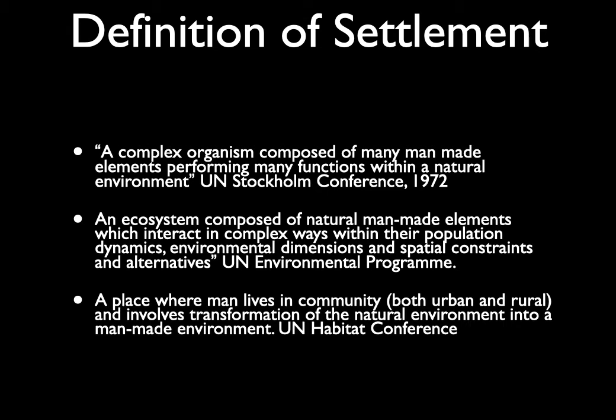So it deals with the organism composed of many man-made elements. Then, the United Nations Environment Program defined it as an ecosystem composed of natural and man-made elements which interact in complex ways within their population dynamics, environmental dimensions, and spatial constraints and alternatives.